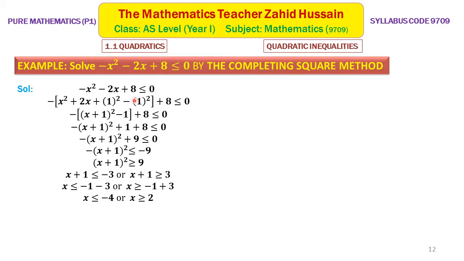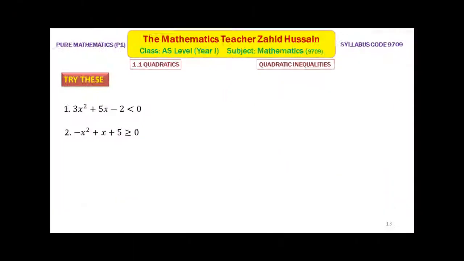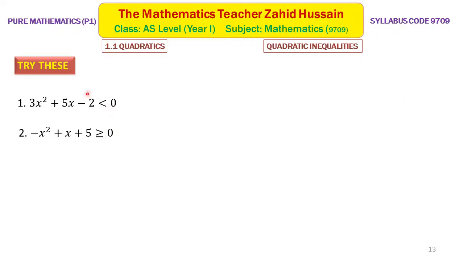It is better to use the completed square method when factorization is not possible, or in every case you can use the completed square method, but it is up to you. Now try these two questions, solve these inequalities. The answers will be given in the next lesson.